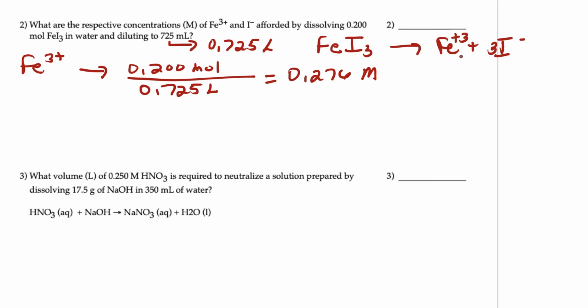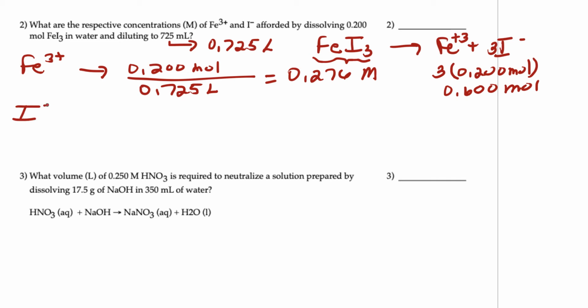Now for the iodide ion, for every 1 mole of iron 3 iodide we're going to have 3 moles of iodide ions. So that's going to be 3 times 0.2 moles, which is 0.6 moles of iodide.